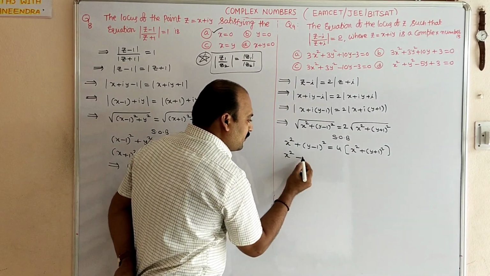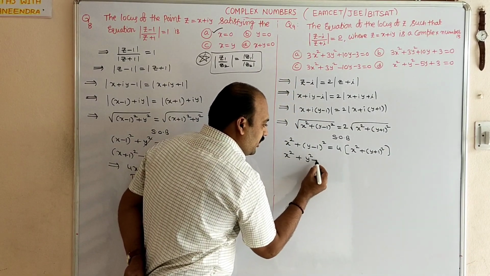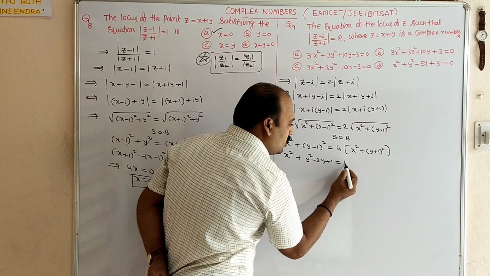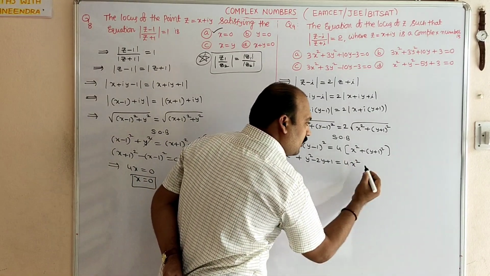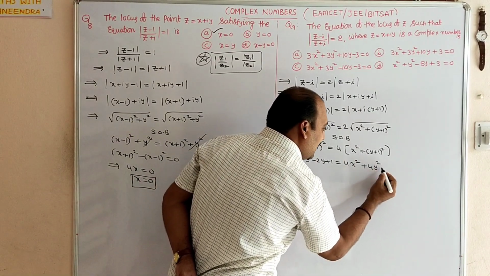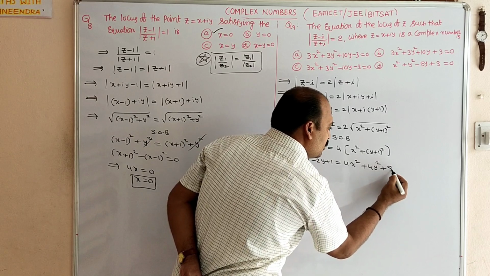So x² + y² - 2y + 1 = 4x² + 4y² + 8y + 4.